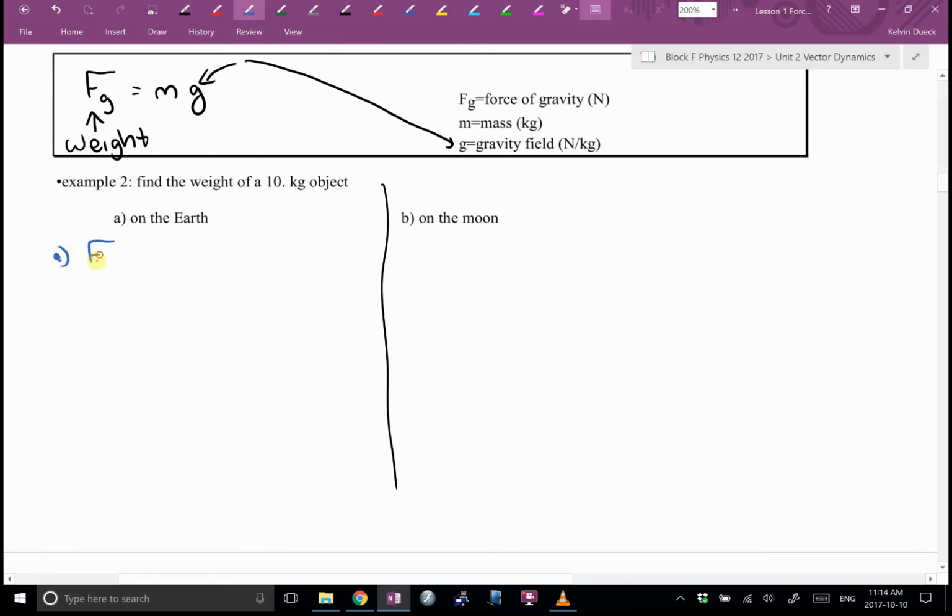Weight is another word, a synonym for Fg. And in both situations, it's calculated by mg, except on the Earth, we'll use g of the Earth, and on the Moon, we'll use little g on the Moon.